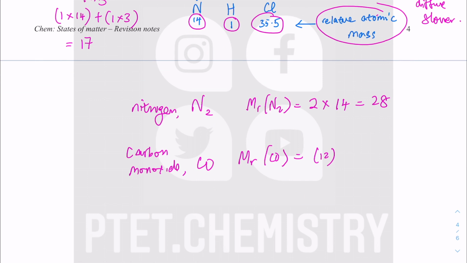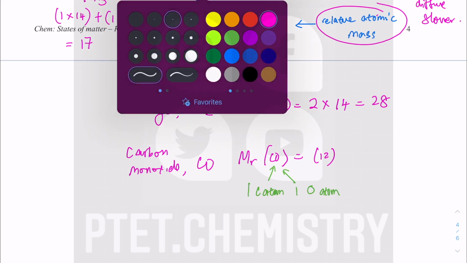This one means there is one carbon atom and one oxygen atom. Why? Because there is no other number being shown, unlike this one which has 2, that's why there are 2 nitrogen atoms. If no number is shown, that means it's 1. If it is 0, we wouldn't even show the atom to begin with.